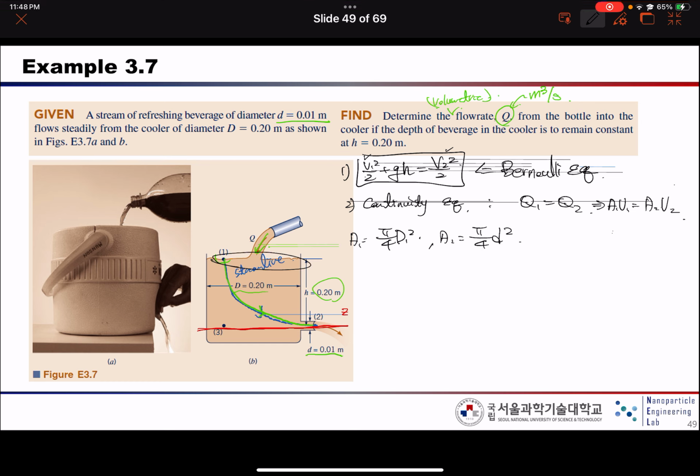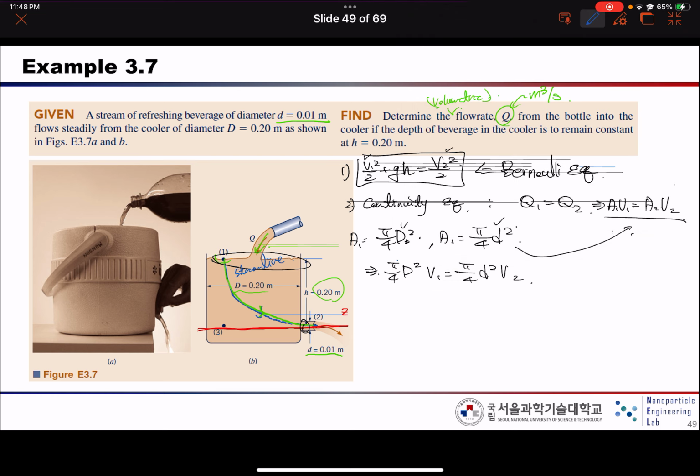This is circle and circle. So we know the diameter. So we can write like this. So if you plug this result into here, we can write, sorry, this is not D1. We can write like this, right?